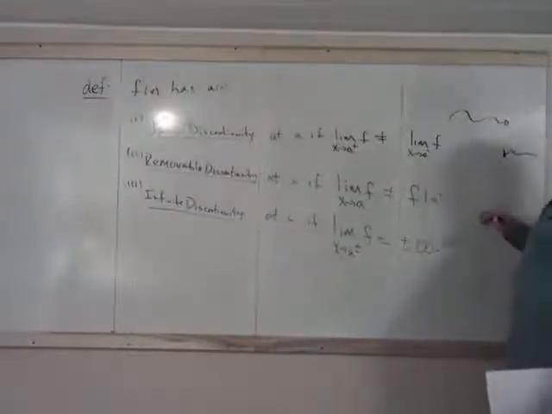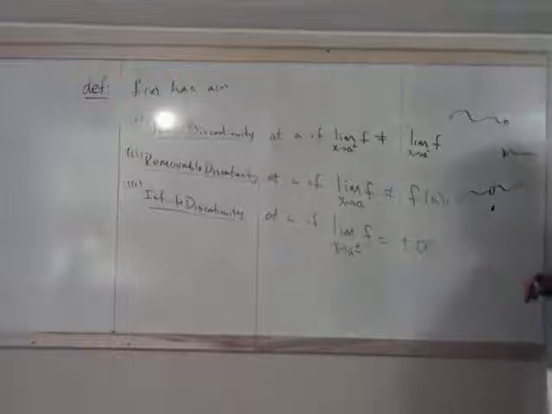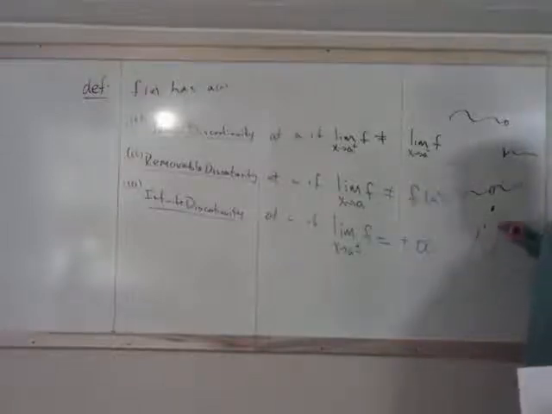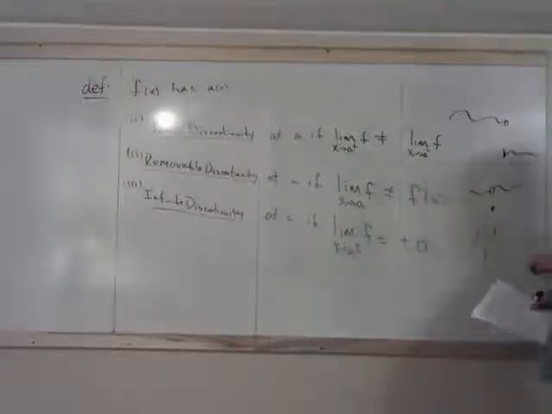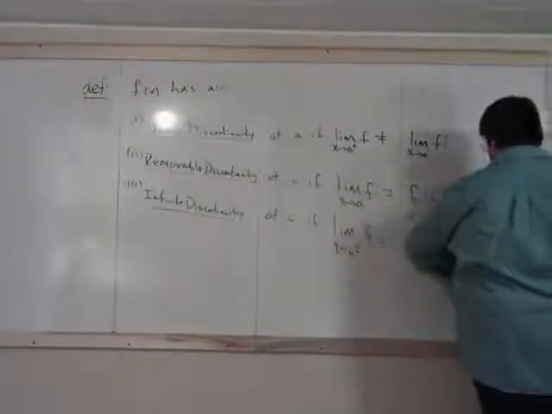A removable discontinuity is one where it just has a hole. The limit exists, but it isn't the function. And an infinite discontinuity, of course, is going to go off to infinity on one of the sides, or both sides. Or it could go off to negative infinity.